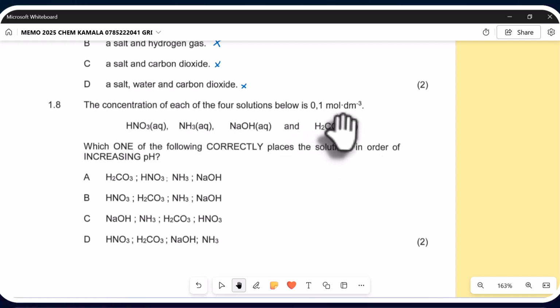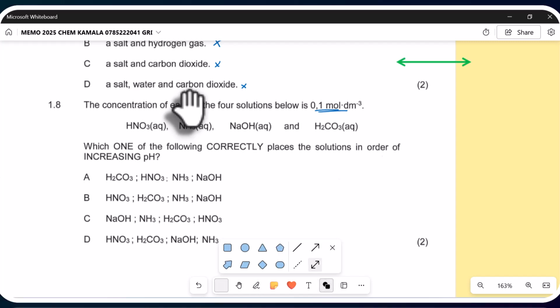Now, increasing pH, we know that the pH goes from the strongest acid to the strongest base. If I may remind you, our pH in the middle is 7, that's neutral.